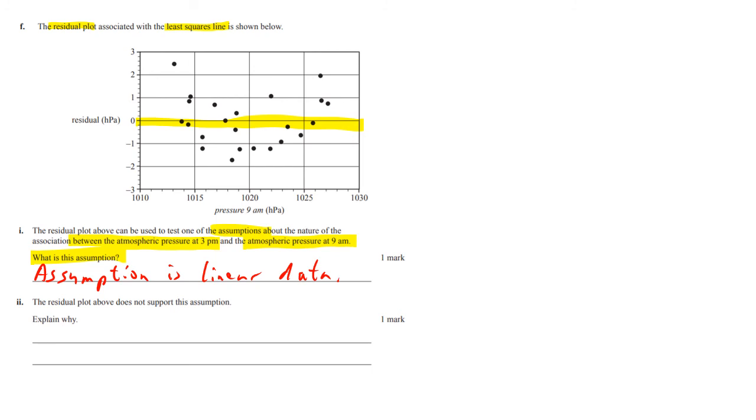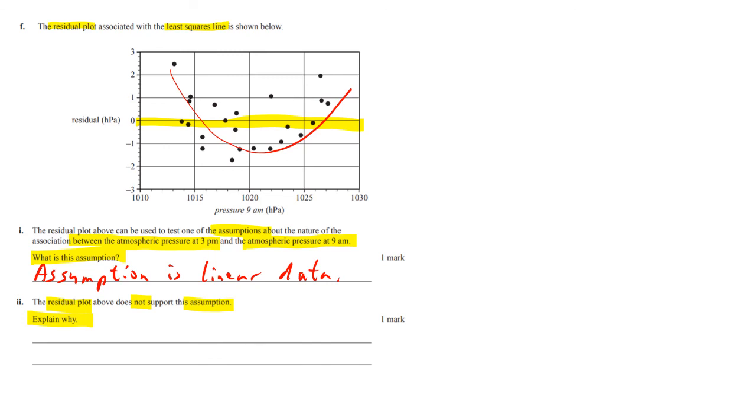Okay, now if you look at the graph, you can actually see quite clearly there's a smiley face, and so it says here the residual plot above does not support this assumption. Explain why. You don't say because there's a smiley face. Don't sound like some sort of weirdo, like, oh, I saw a cloud, it looked like a puppy.